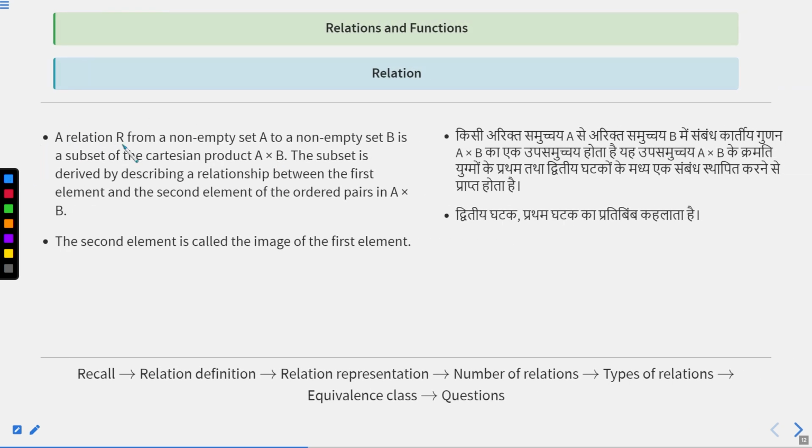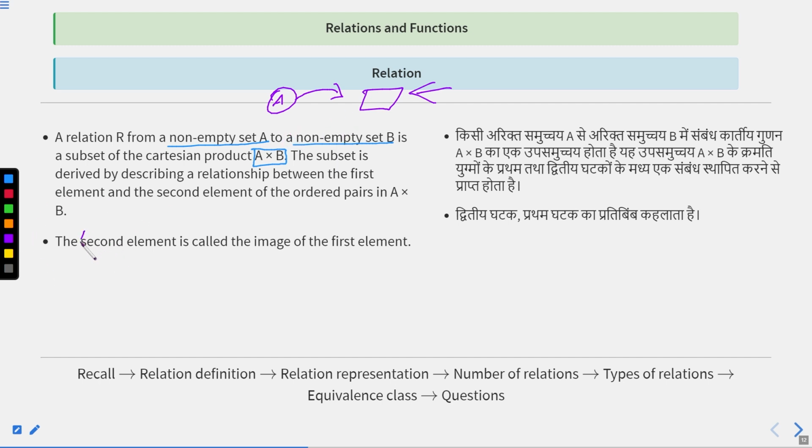Now, a relation from a non-empty set A to a non-empty set B is a subset of the Cartesian product A cross B, as we already saw. The subset is derived by describing a relationship between the first element and the second element of the ordered pairs in A cross B. As we saw from the example, we described a relation which says that the element of A must be son of the element of set B. I hope that it is clear now.